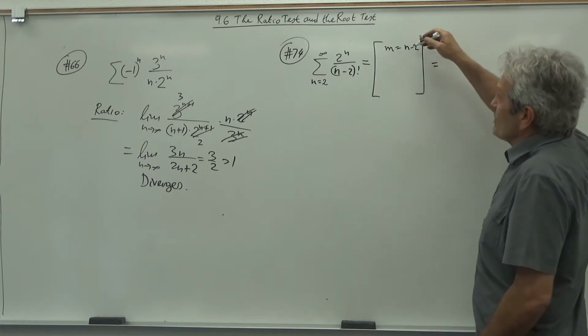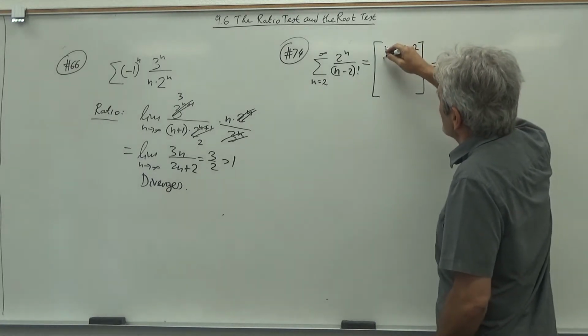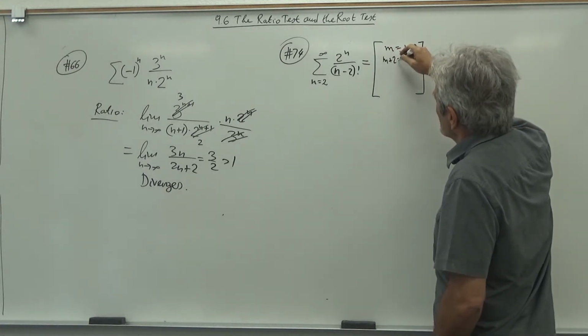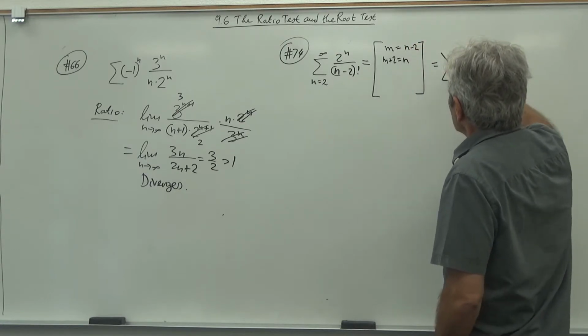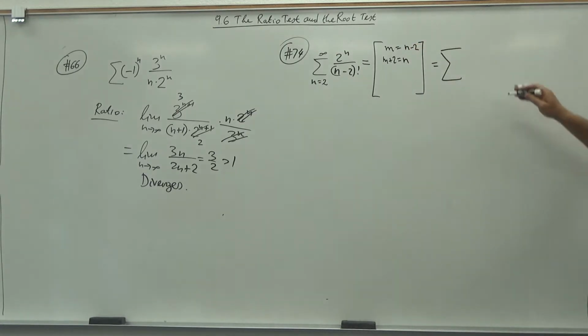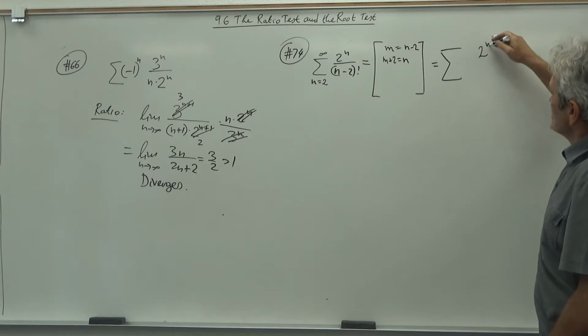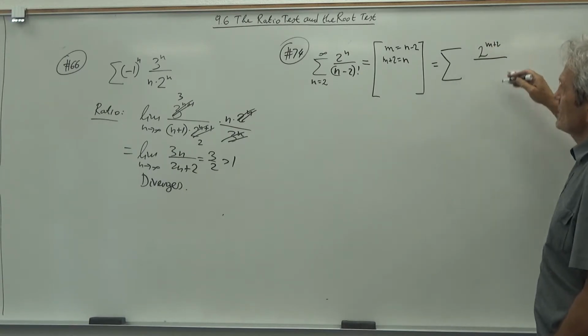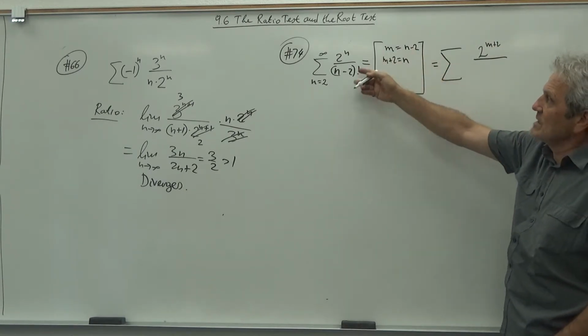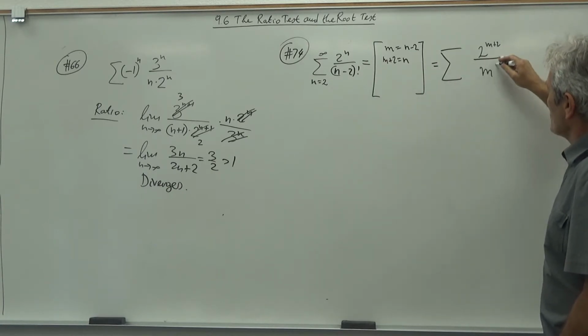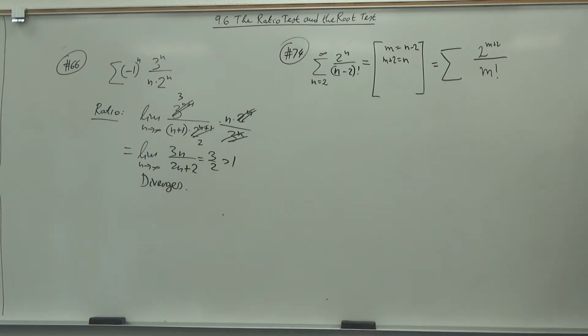Then from here, like when we do it for integrals, n plus 2 equals m. So here is the sum. You will get 2 to the n plus 2. And then what's very nice, n minus 2 is just m, so we get a completely clean factorial.